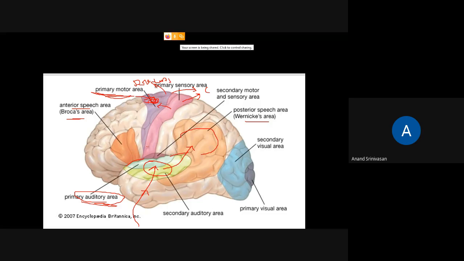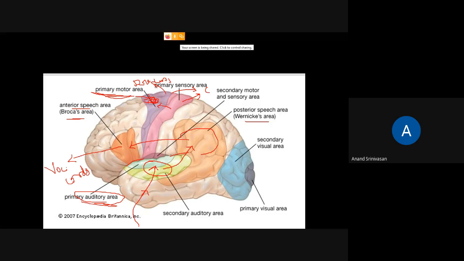He knows and understands the question, and he knows the answer and wants to tell it. Then from Wernicke's area, the information is sent to Broca's area, the motor speech area. From Broca's area it goes towards the vocal cords, which help in the production of speech.